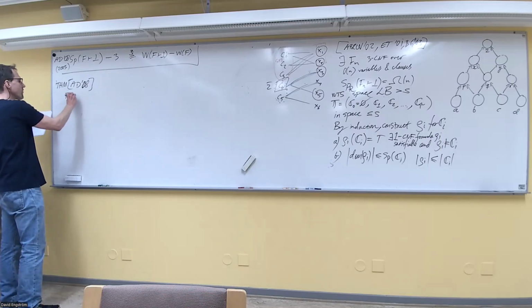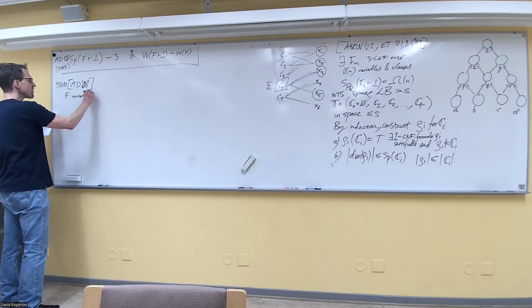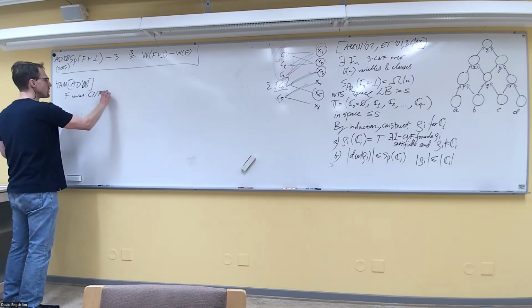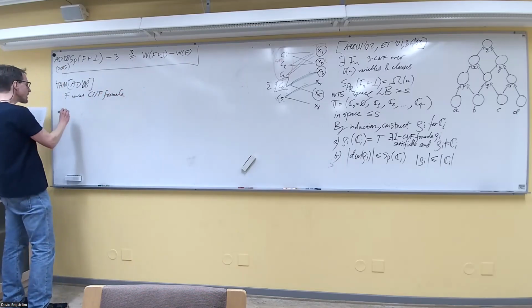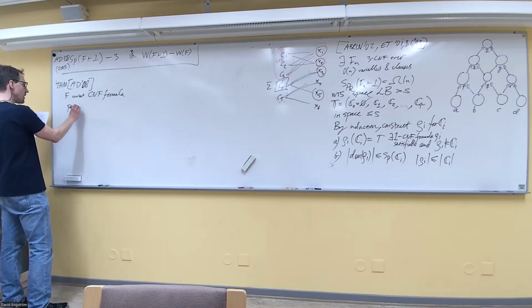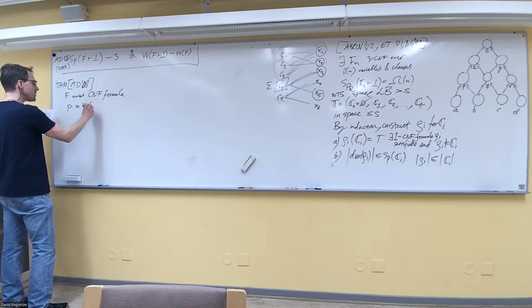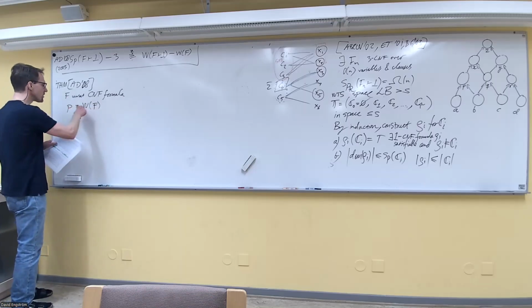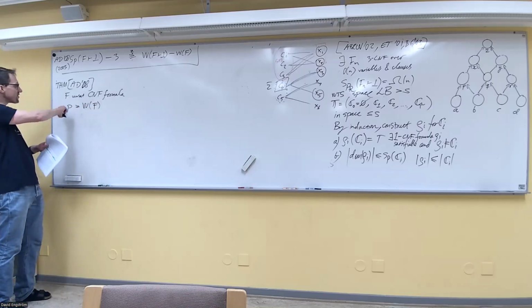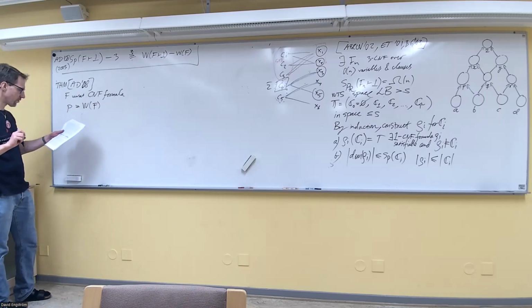So suppose that F is an unsatisfiable CNF formula, and let P be not strictly larger, let it be greater or equal to the initial width. So F is a PCNF formula.